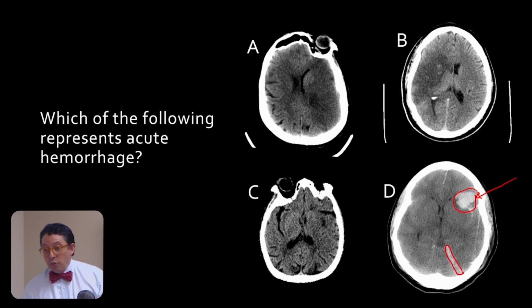But if you were also really paying attention, you saw that these little regions here, this one, and these, were also white. So both B and D were cases of patients that had an acute bleed. Let me erase that for you guys to see if you can see it better.